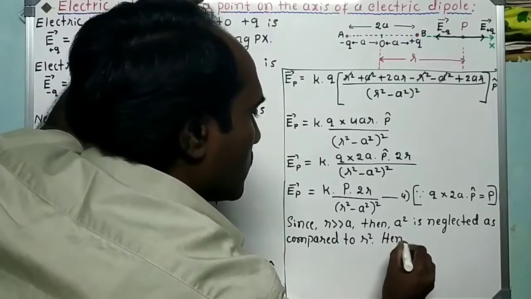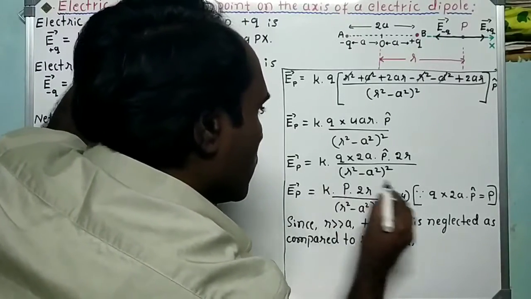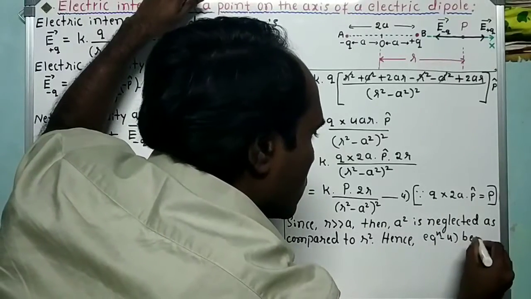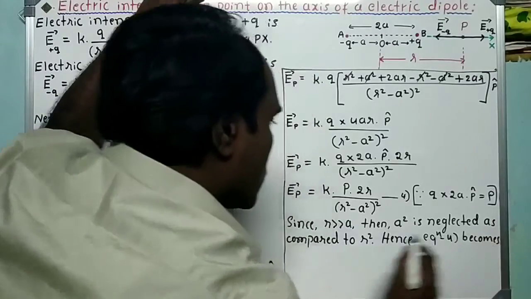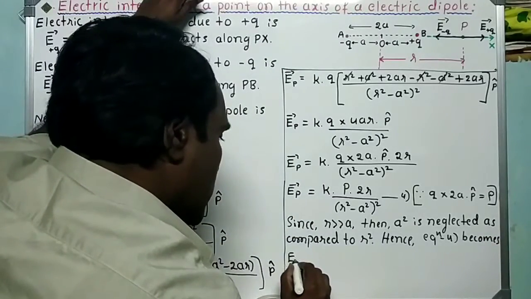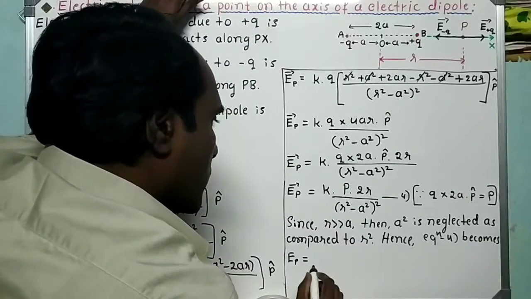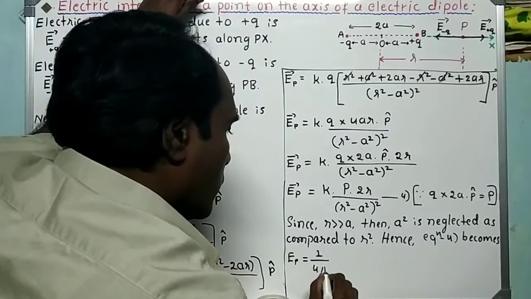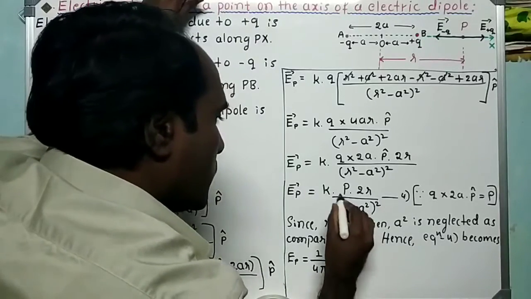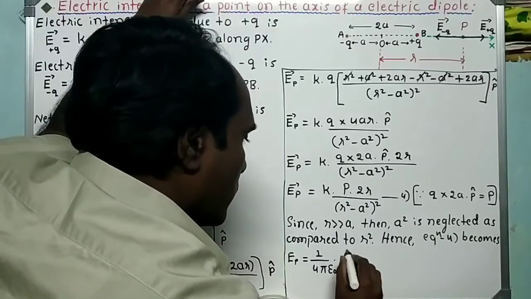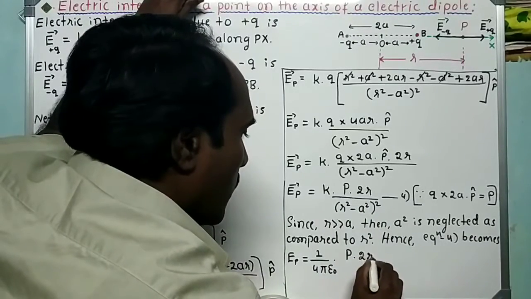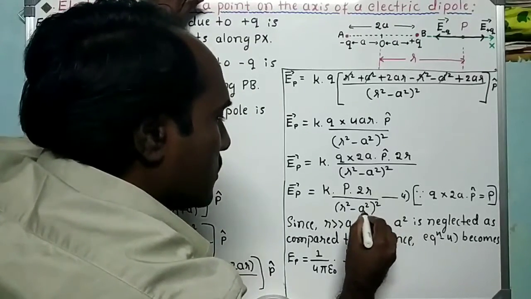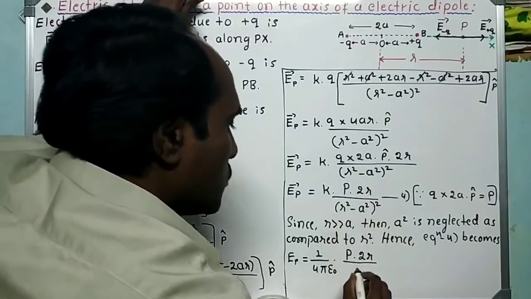Hence equation 4 becomes: electric intensity at point P is equal to K, whose value is 1 divided by 4 pi epsilon naught, into P into 2R divided by, here a square is neglected so it becomes 0, r square whole squared, that is r raised to 4.